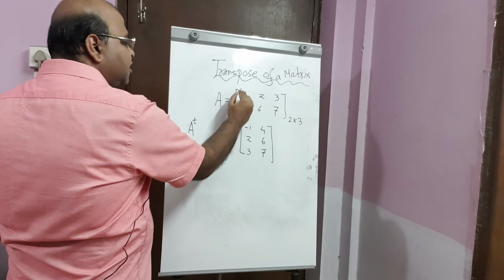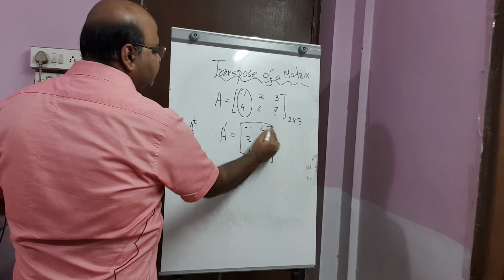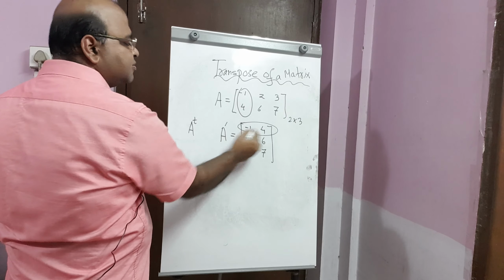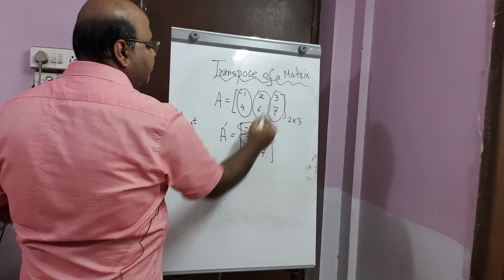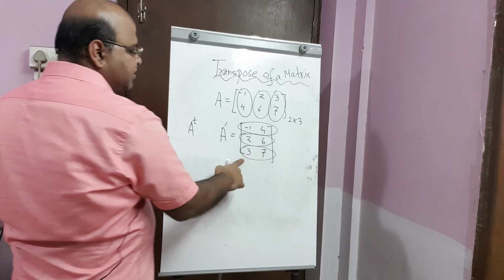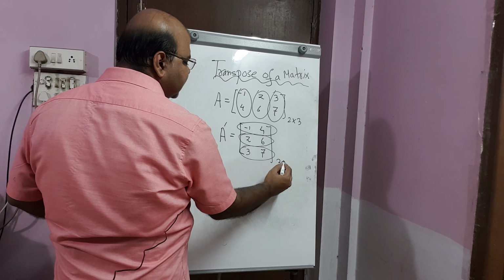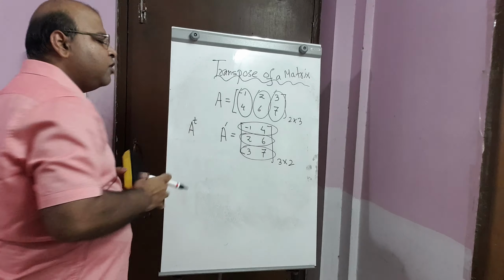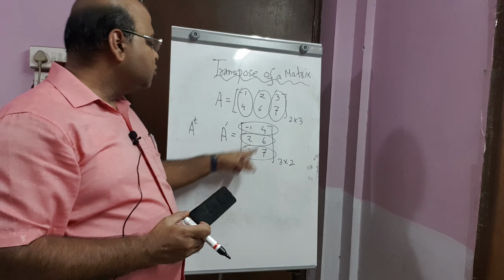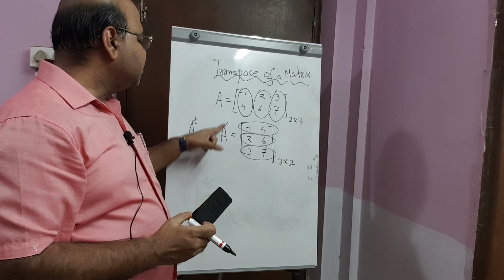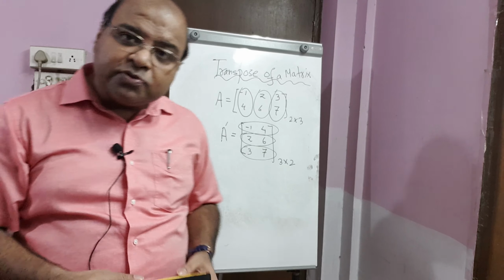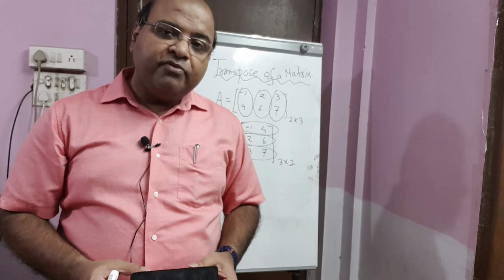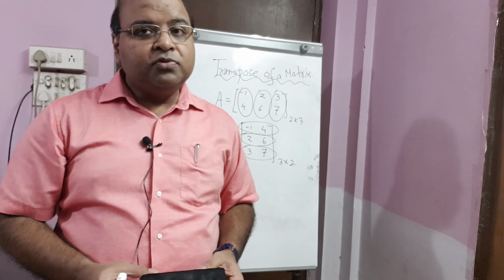So automatically the columns of A become rows of A dash. The first column becomes the first row, the second column becomes the second row, and the third column becomes the third row. As a result, the order of A dash should be exactly the opposite, 3 by 2, because now it has 3 rows and 2 columns. So this is the transpose of the matrix A. Whenever we apply the transpose operation on a matrix, we simply interchange its rows and columns.